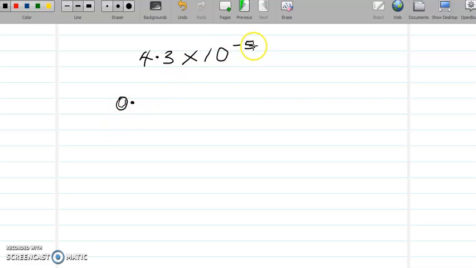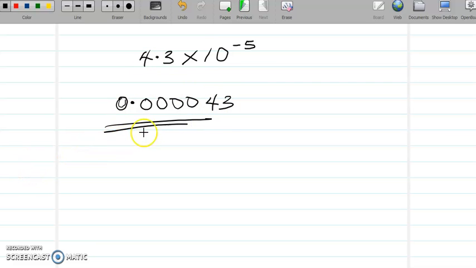Now since I have power 5, I'm going to have 4 zeros. 1, 2, 3, 4. See that? Then I'll put down my 43. So this is the ordinary form. When you check it from here, 1, 2, 3, 4, 5. You see that?